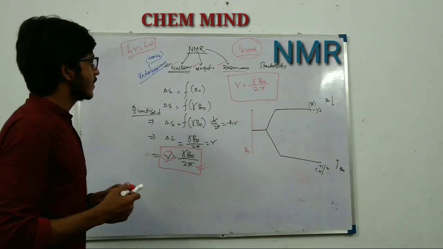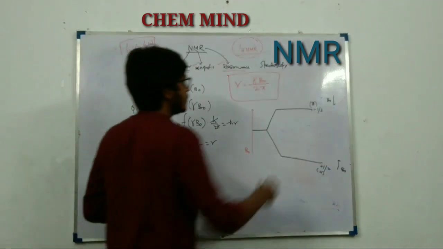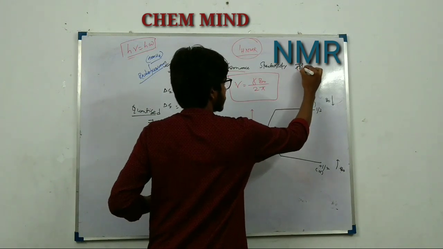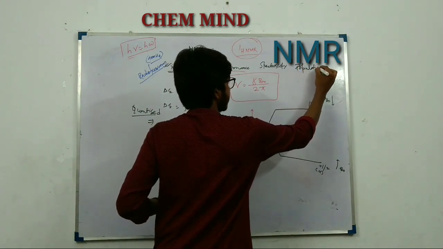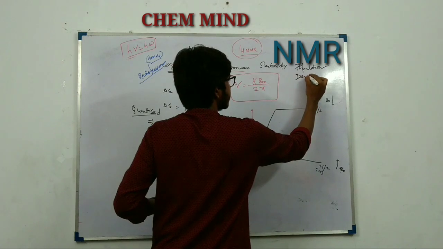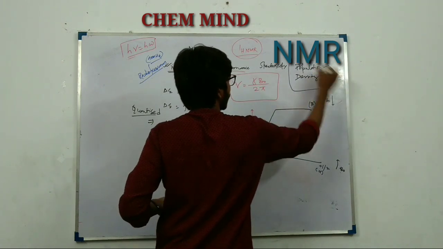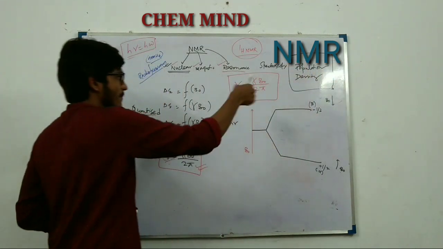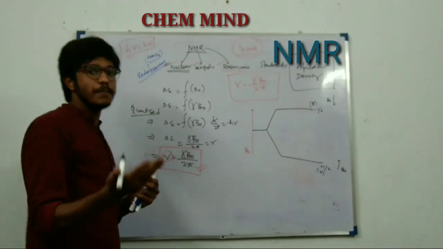So there is a very important term, that is population density, and population density plays a very crucial role in NMR for getting a continuous peak.